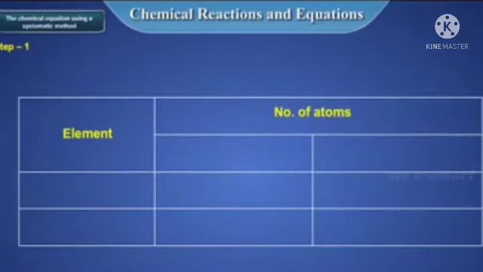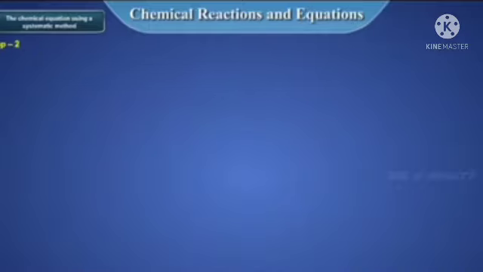Element, number of atoms, LHS and RHS. Hydrogen: left side 2, right side 2. Oxygen: left side 2, right side 1.